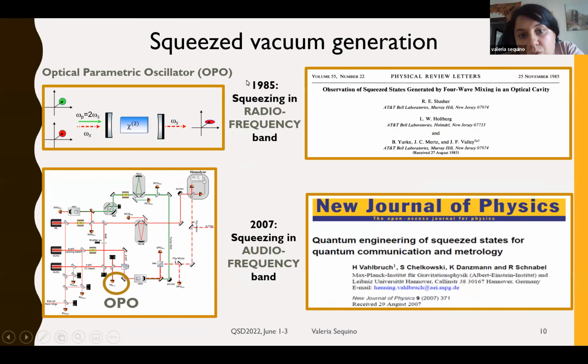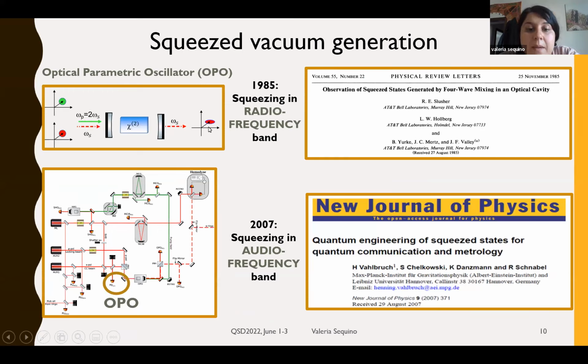There are several ways to produce squeezed states, but the solution that we use is an optical parametric oscillator. In particular, we have a cavity with a nonlinear crystal inside. We have a pump beam and the vacuum, and the result is that the vacuum is squeezed.